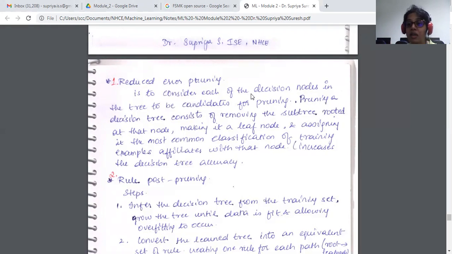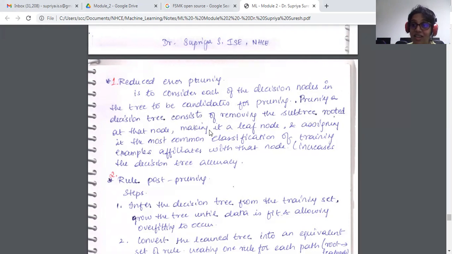Pruning a decision tree consists of removing the subtree rooted at that particular node, making it a leaf node.